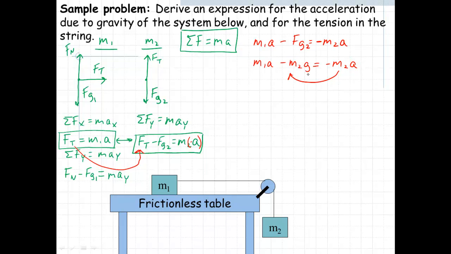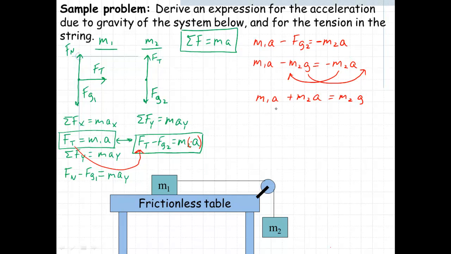To skip a step, I'm going to move this product M2G over to the other side. So I'm going to add M2A to this side and add M2G to the other side. That means I'll have M1A plus M2A equal to M2G.